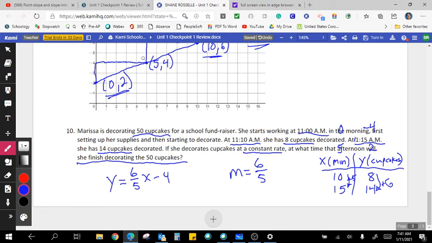In this case, we're going to plug in x equals 50. We found the formula, and we're going to plug that 50 in for x.